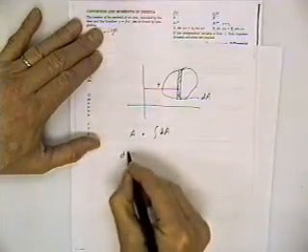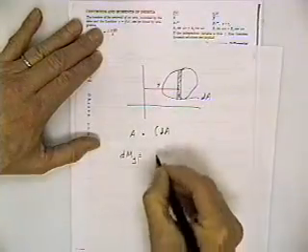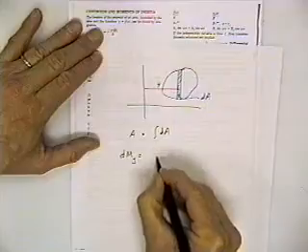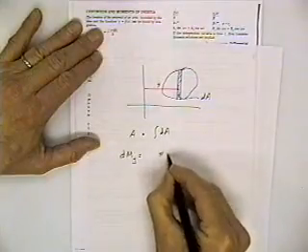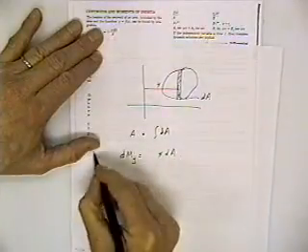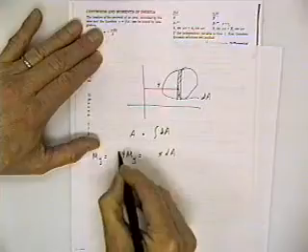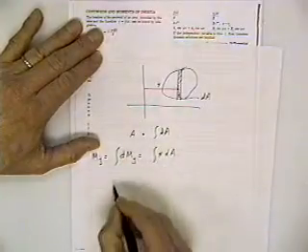The differential moment of that area about the y-axis is equal to, this is the differential moment, x times dA, and the moment about the y-axis is the integral of that, okay?